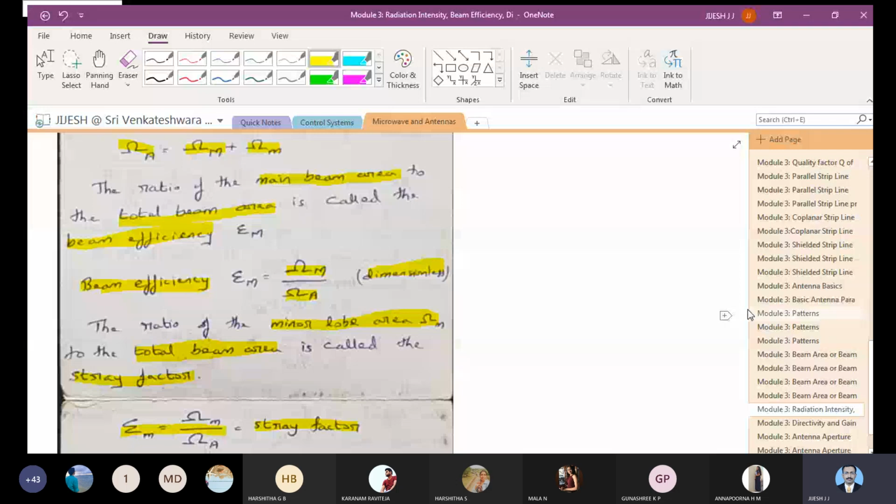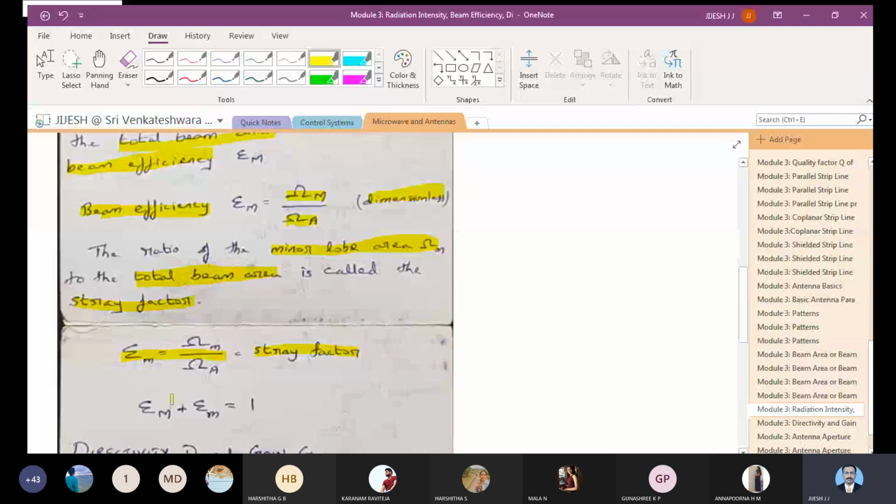And stray factor is omega small letter m divided by omega A, that is the minor lobe area to total beam area. So epsilon capital M plus epsilon small letter m is equal to 1. That is, when you add the beam efficiency and the stray factor, you get 1.